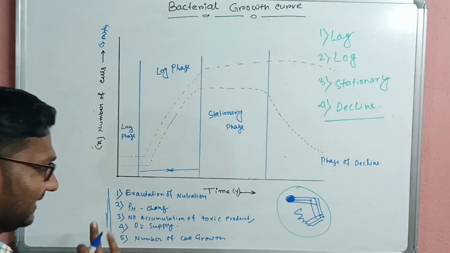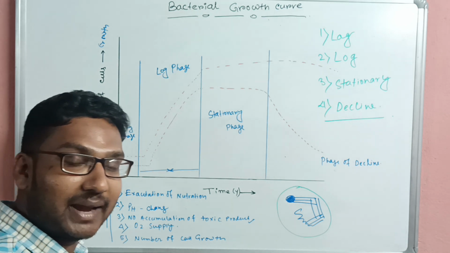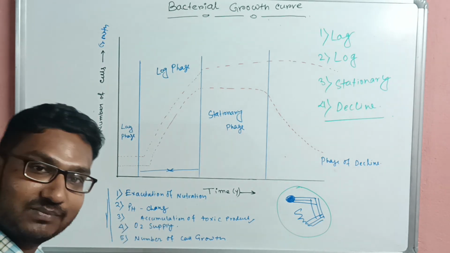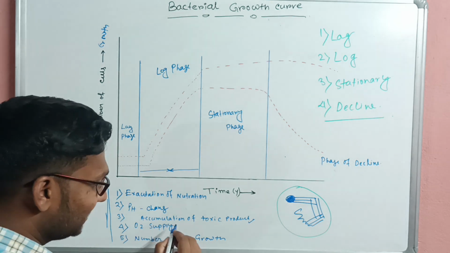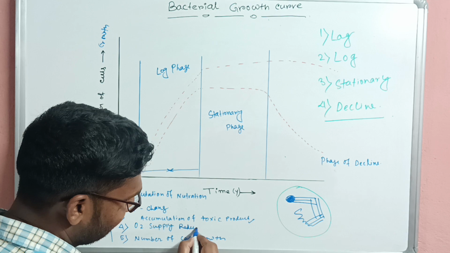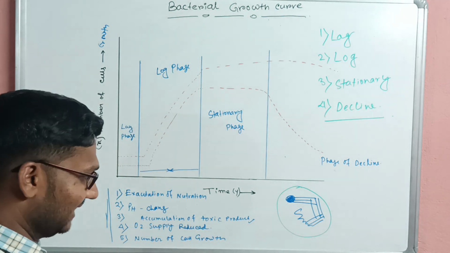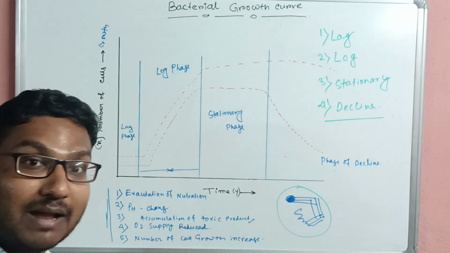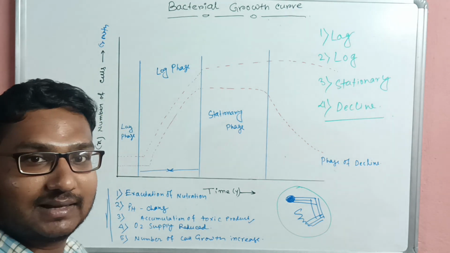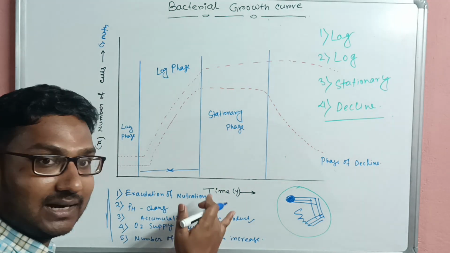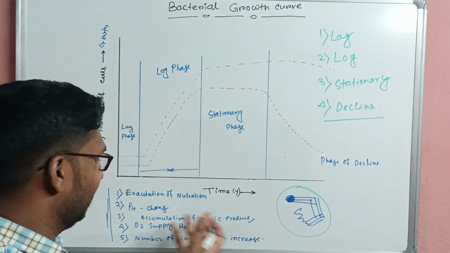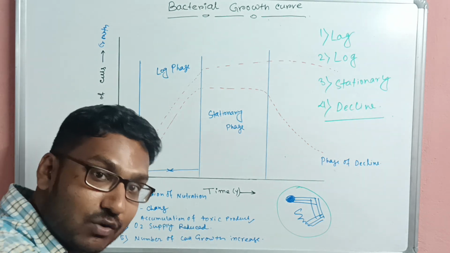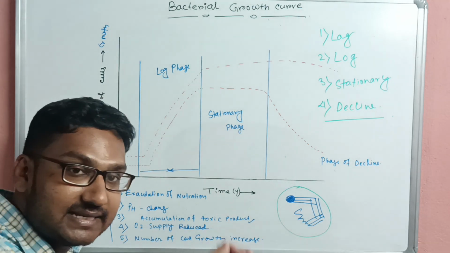After rapid growth, bacteria will accumulate some toxic material, so there is accumulation of toxic product. Next, O2 supply is reduced.